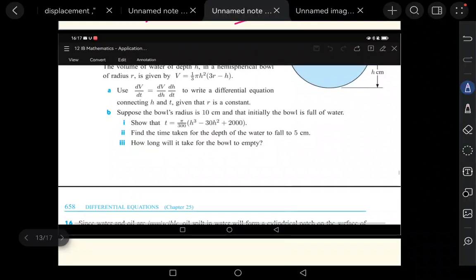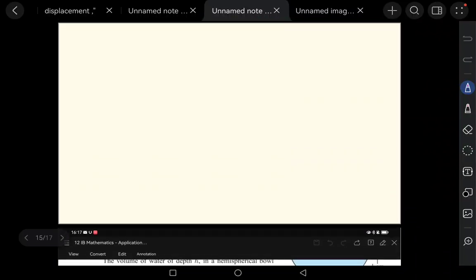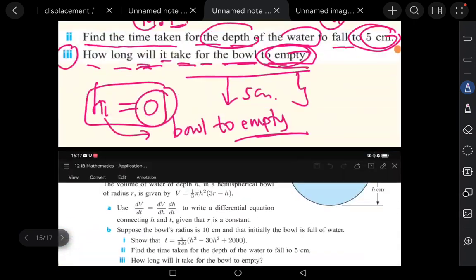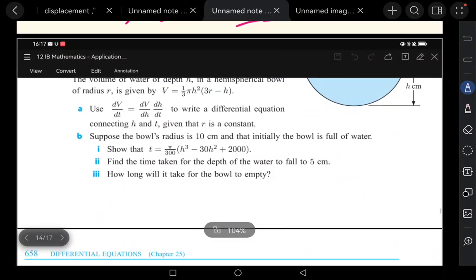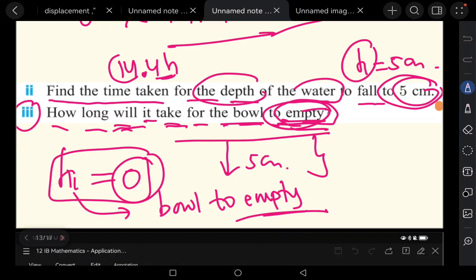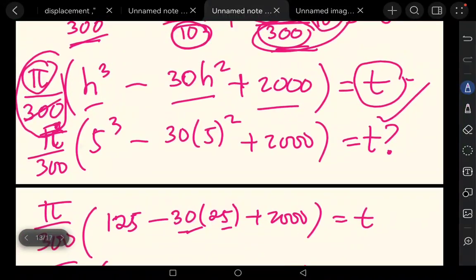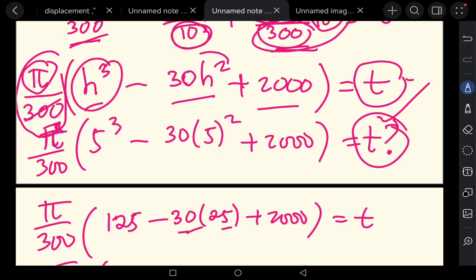So let's move to that. So h equals 0, and we have the time from before. How long does it take to empty? All right, so just insert the height into the equation. The height is 0.